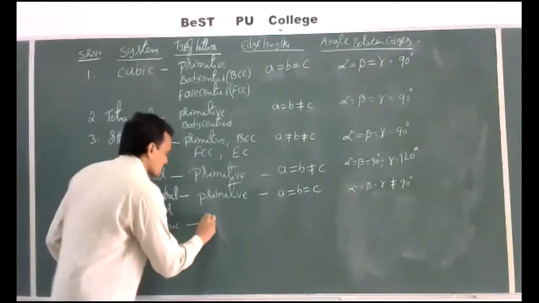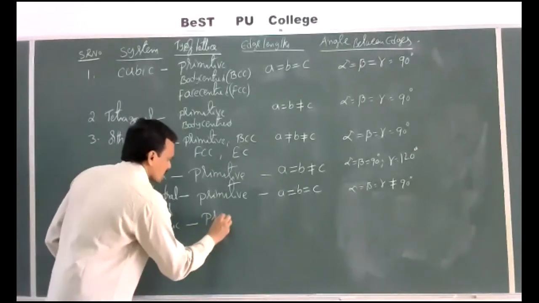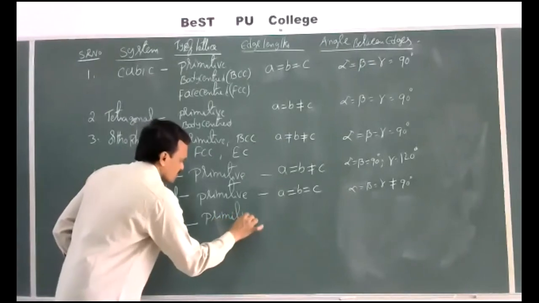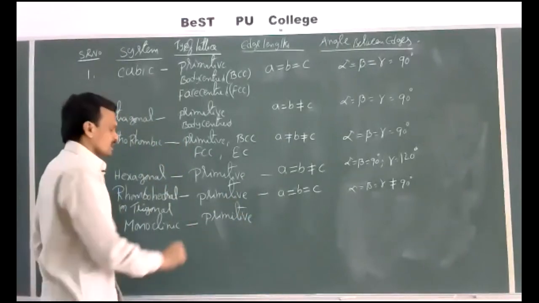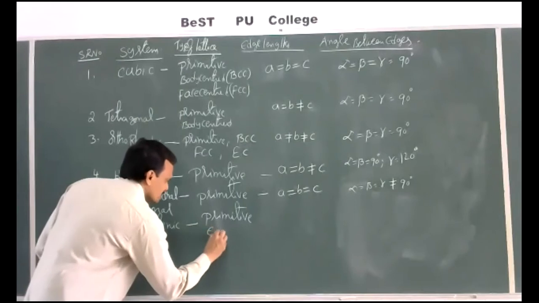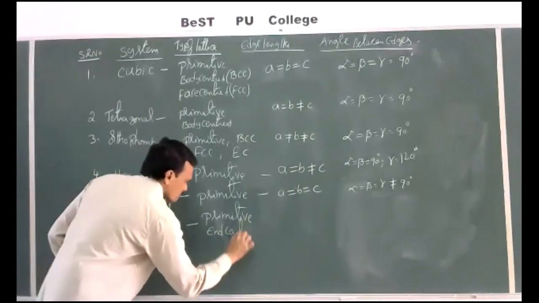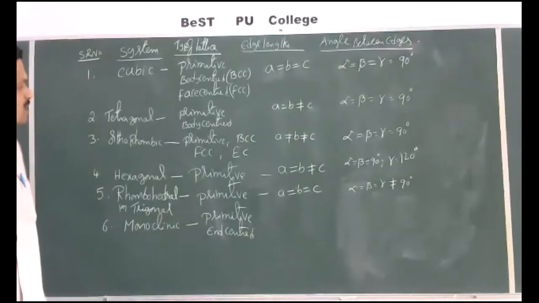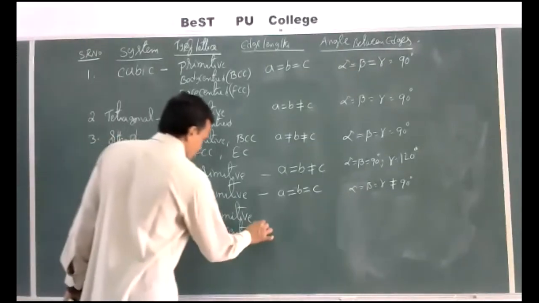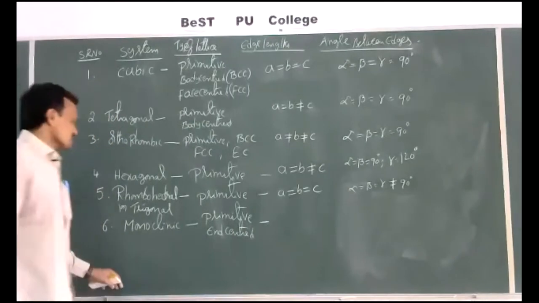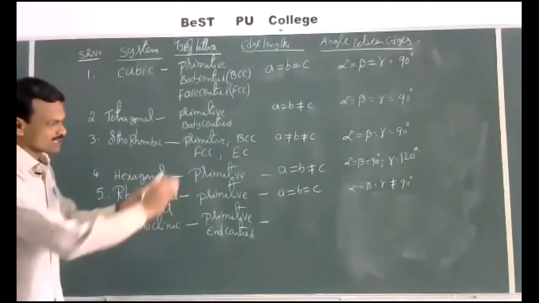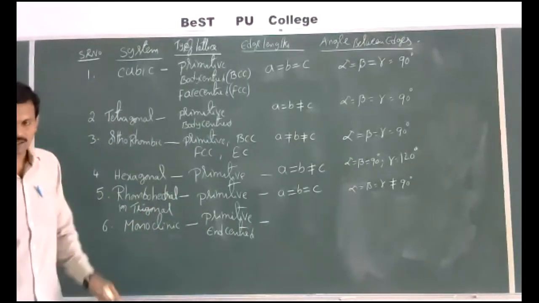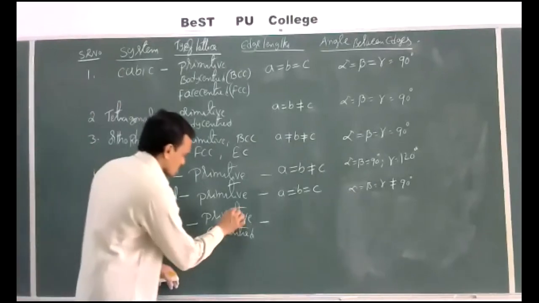So this contains two unit cells. One is primitive unit cell, another is end-centered. Primitive and end-centered, two types of lattices are possible. And what about the parameters? So this diagram is not possible to draw exactly on the board here. That will be shared on the screen.